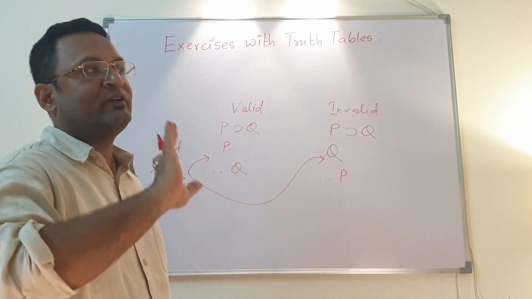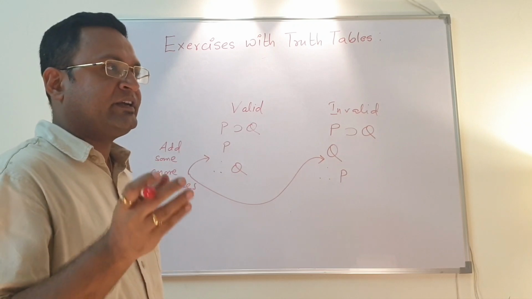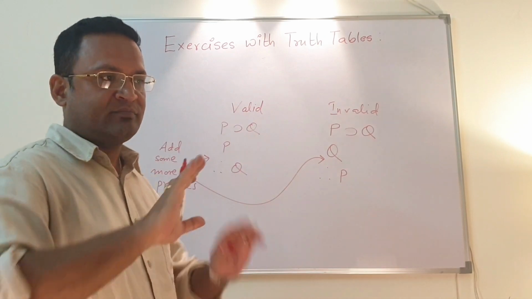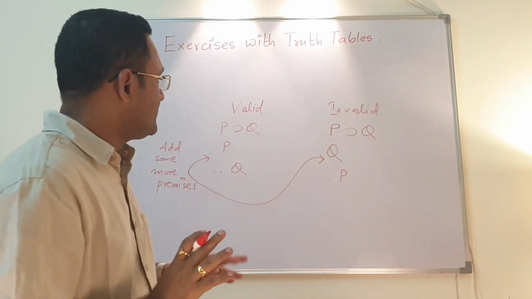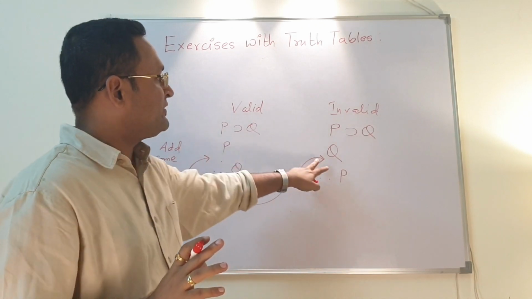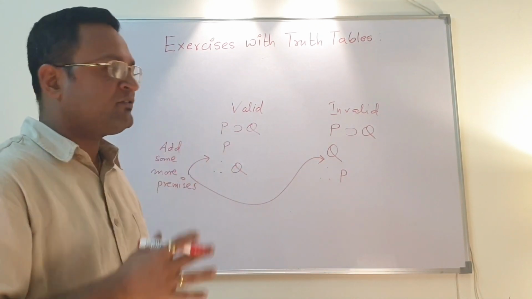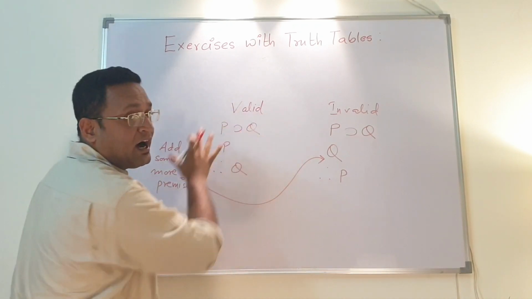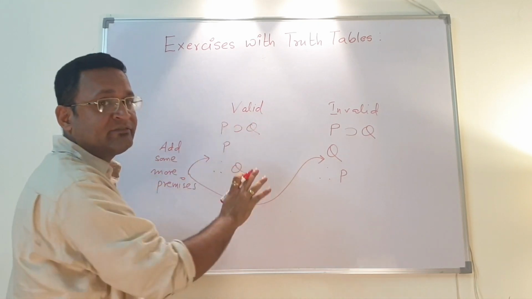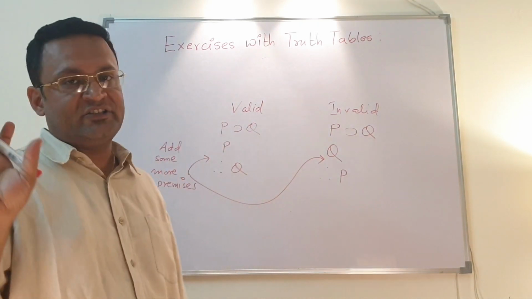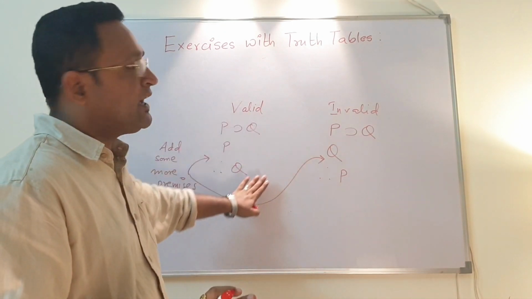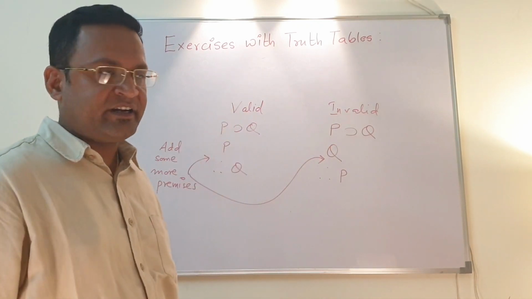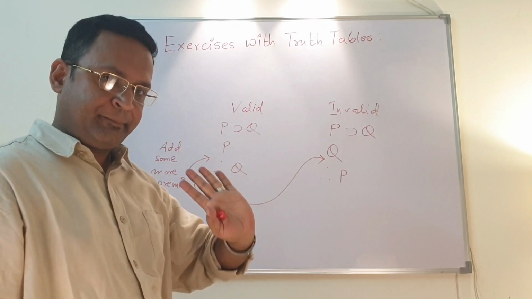I am not talking about what the premise will be, whether it is R, whether it is S, whether it is P wedge Q, whatever. Right now I am talking in very generic terms. Irrespective of what we have added, even if you add any number of premises to a valid argument, its validity will be retained. It will never change. It will stay valid.